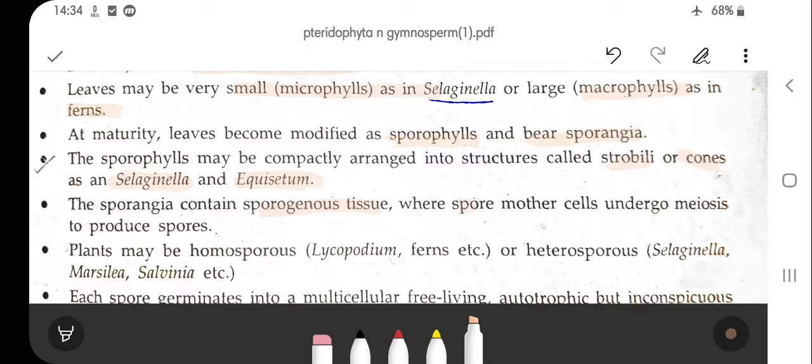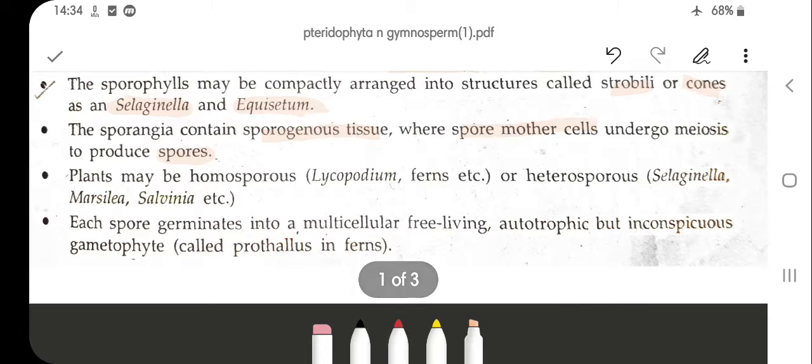The spore mother cell is again 2n, and it undergoes meiosis, which is known as reductional division, and reduces the number of chromosomes from 2n to n. So the spores are haploid. Sporogenous tissue is diploid, spore mother cell is diploid, whereas the spores are haploid. So the plant body is 2n. The sporophyte is 2n.